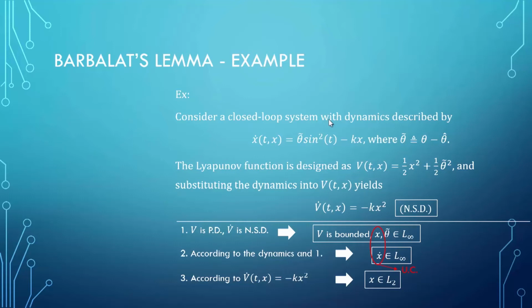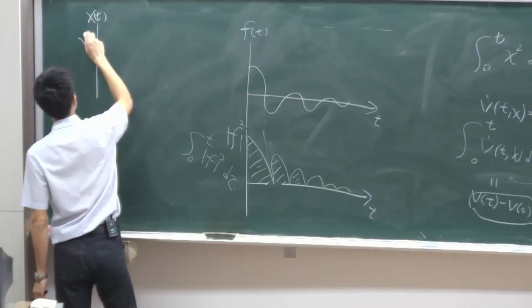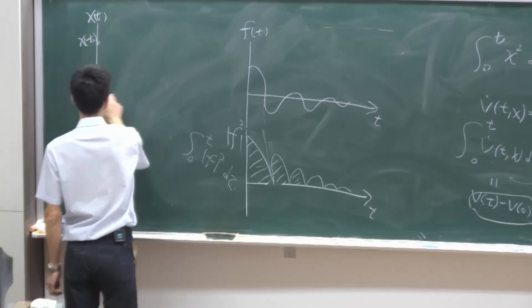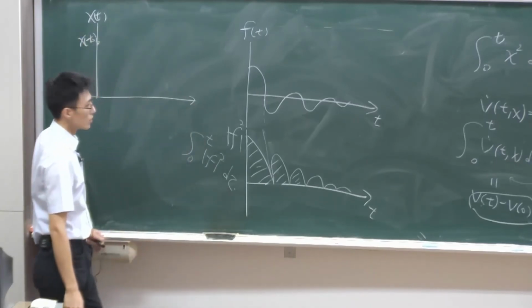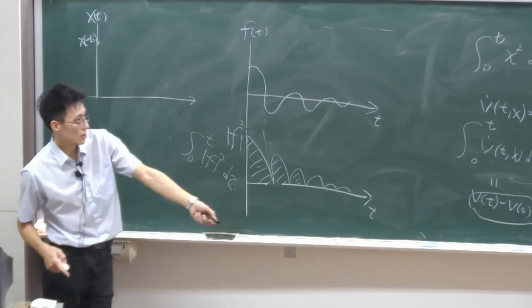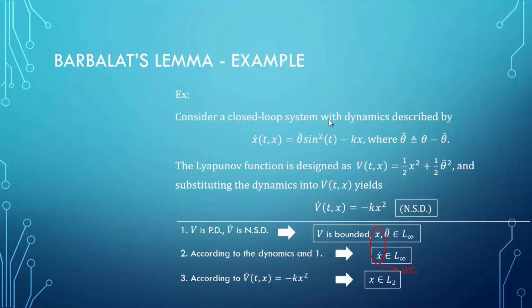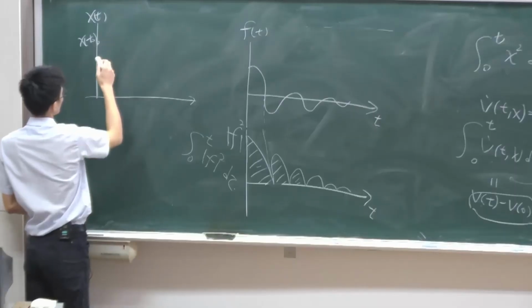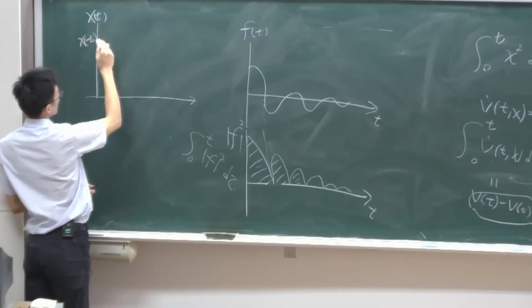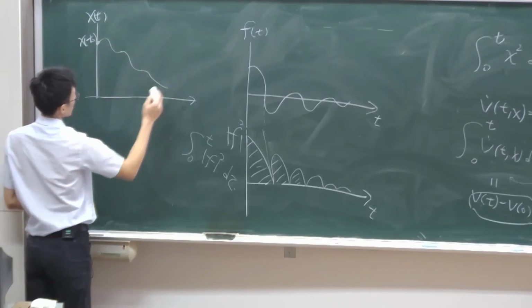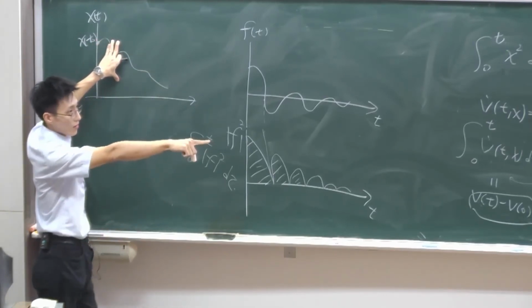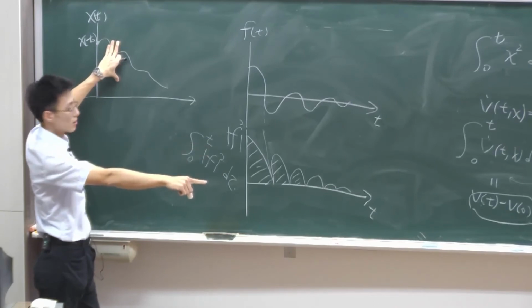Understand? That is to say, if this is x(t), you start from x(t0), okay? We know x is bounded. It's bounded between maybe some value here. And x dot is bounded.